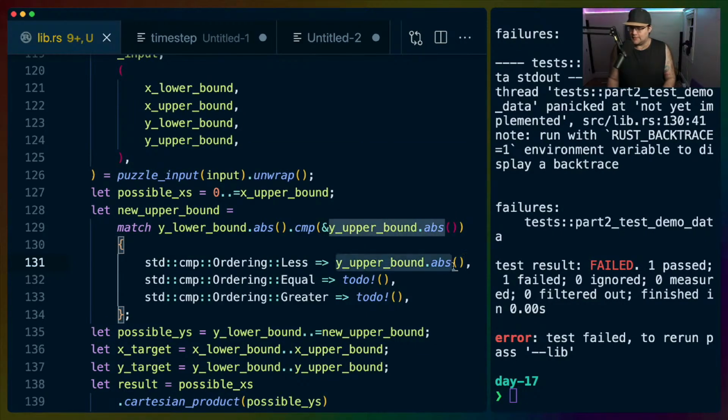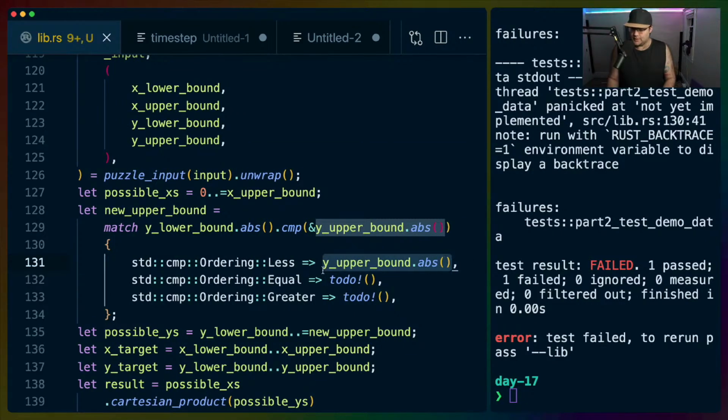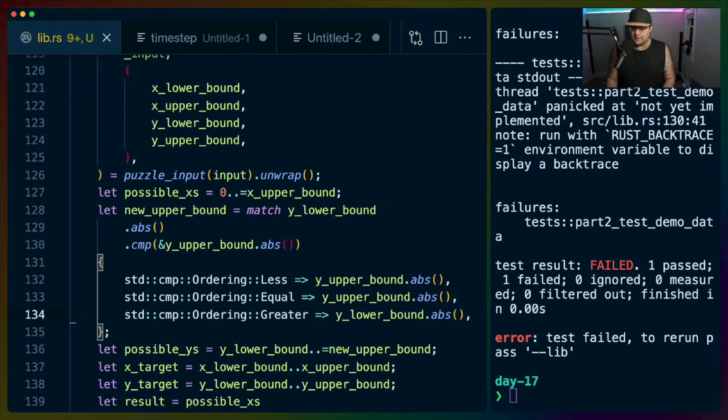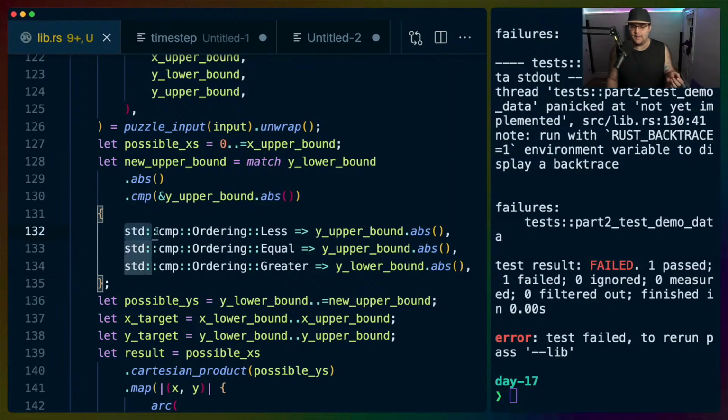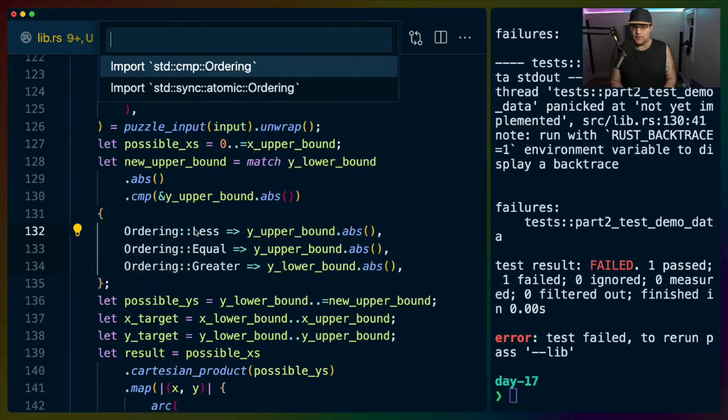If they're equal, then it doesn't matter. So we just return one. If it's greater than, then it will be the y lower bound. And in this way, we can use standard comp ordering, which I will pull out and I will import ordering instead.